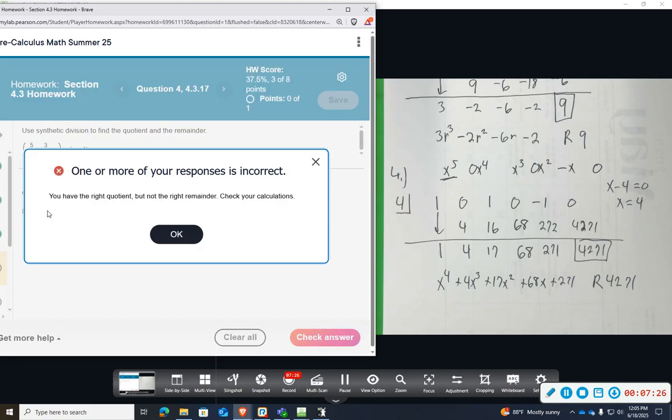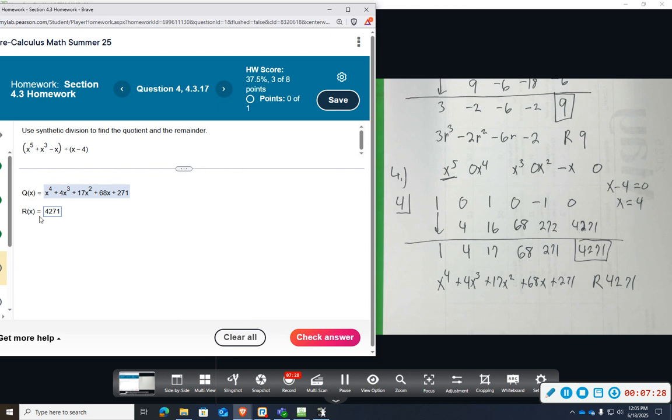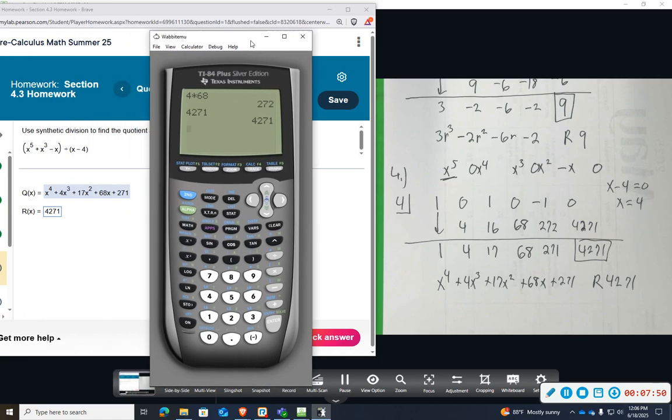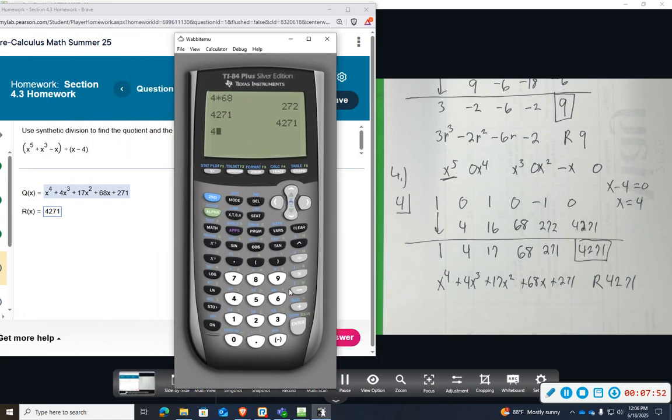One or more responses incorrect, so let's double check. They like this. They said that's good. So now the remainder is not okay. Let me double check that. Let me see, how do we get, oh, I think I just typed in 4271. I'm going to do 4 times 271. That's what it is, 4 times 271. I didn't even notice I did that. 1084.